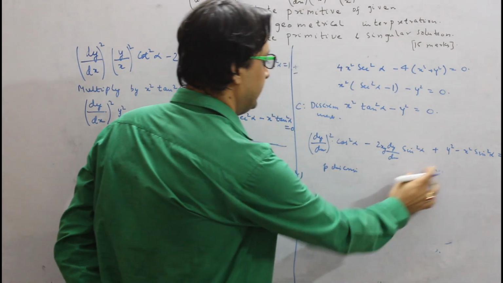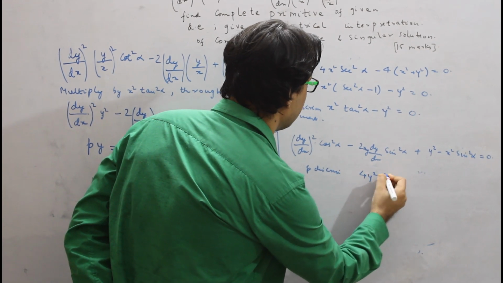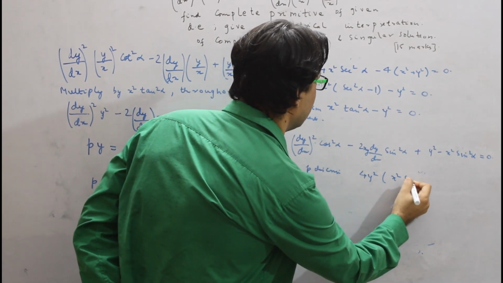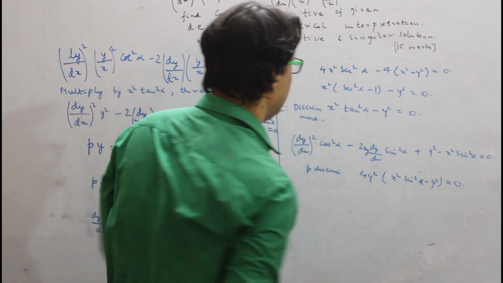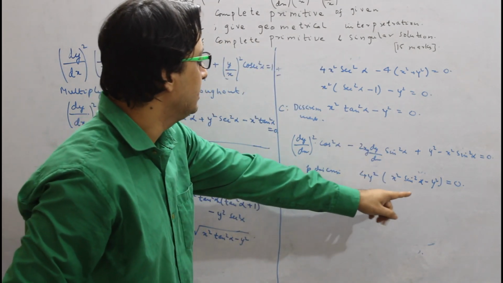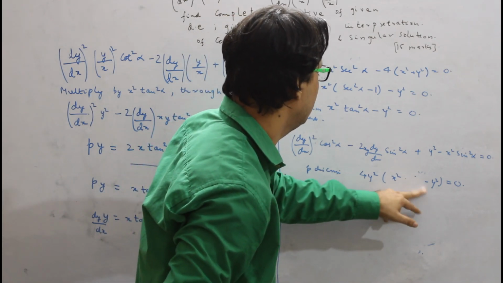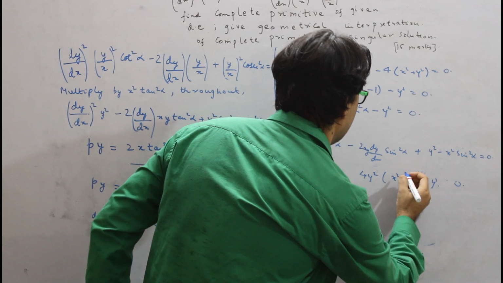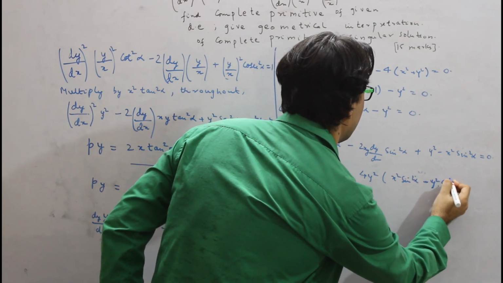So when we compute, that will be 4y square into x square sin square alpha minus y square cos square alpha.